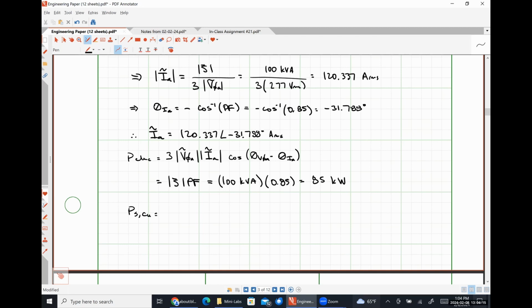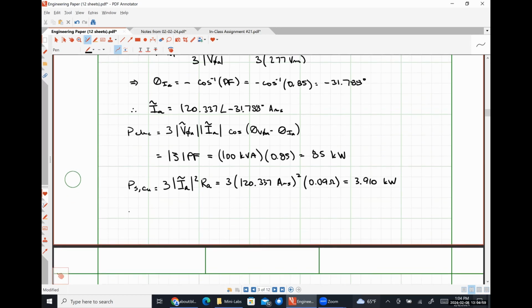That's 3 times the magnitude of IA, quantity squared, times RA. So that'll be 3 times 120.337 amps RMS squared times our resistance, which was 0.09 ohms, if my memory serves me correctly. And I believe this comes out to be 3.910 kilowatts.